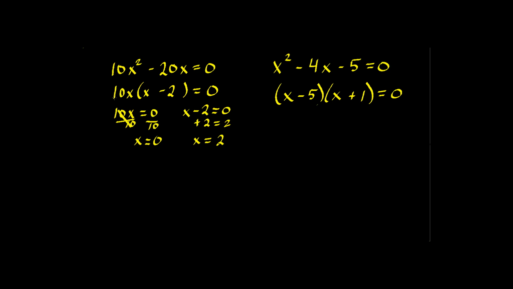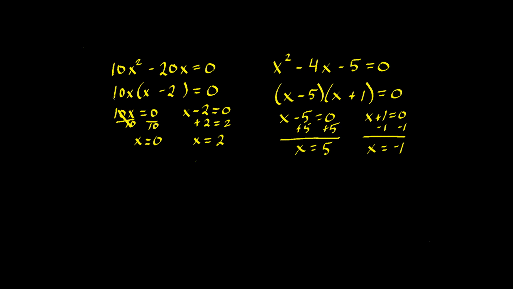Now that this is factored, we could set each factor equal to 0 and solve. That gives x equals 5. And x equals negative 1. So those are our two solutions to this trinomial.